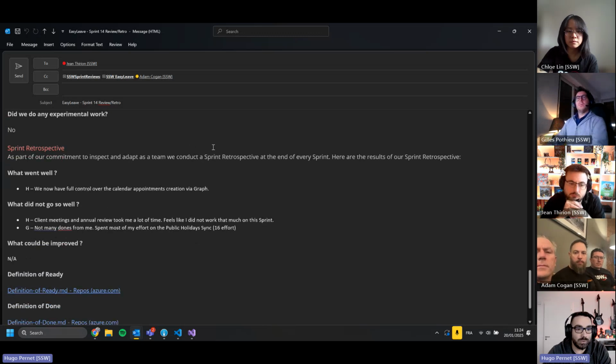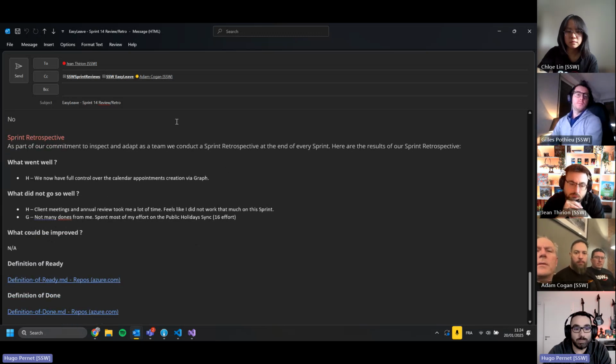So for the retro, in the what went well section, I think it's great that we now have full control over the calendar appointments via Graph, and we're not relying on the CRM Exchange integration. It will make it easier to see what's happening in the future if something goes bad again.